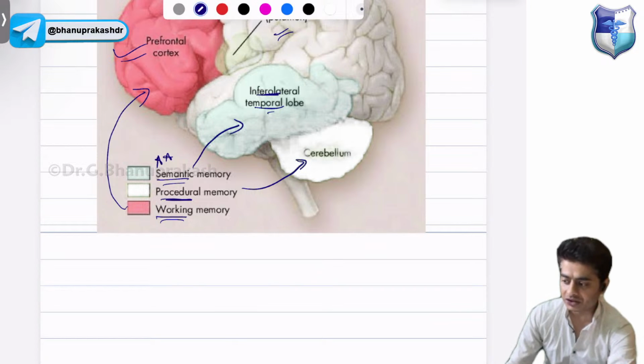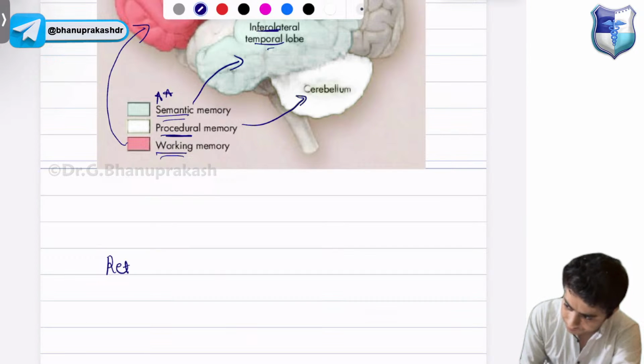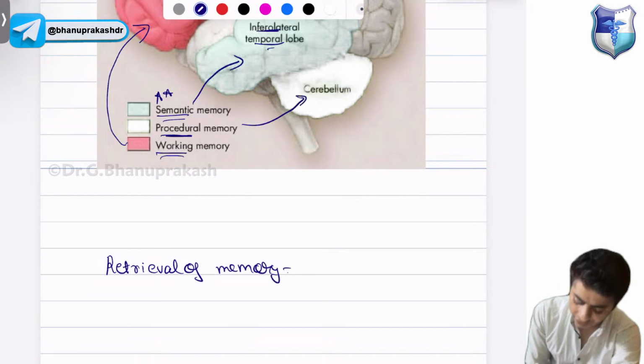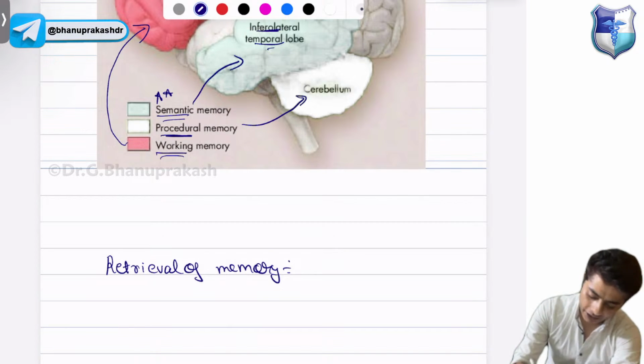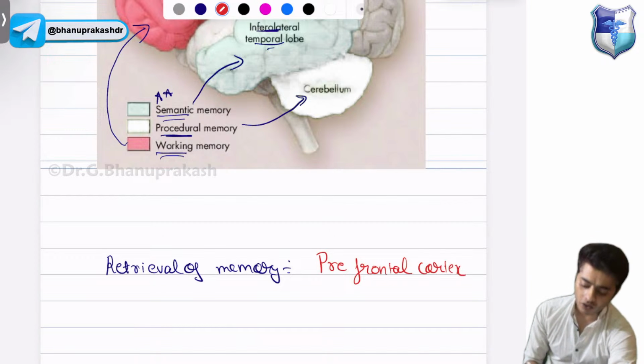Can anyone tell me in the comment section? Retrieval of memory is done by your prefrontal cortex.